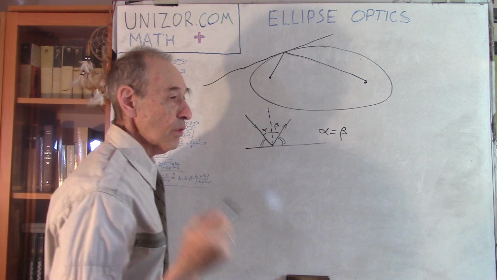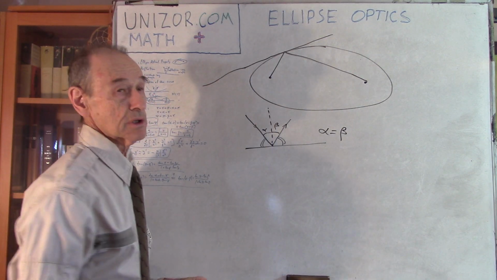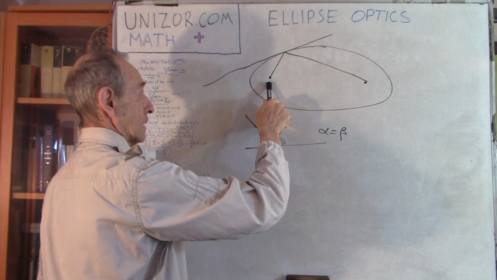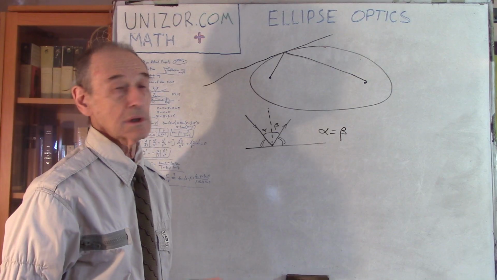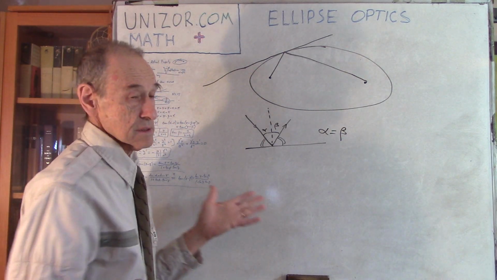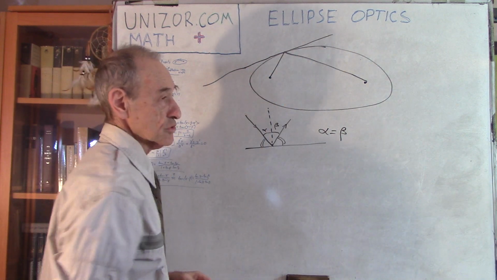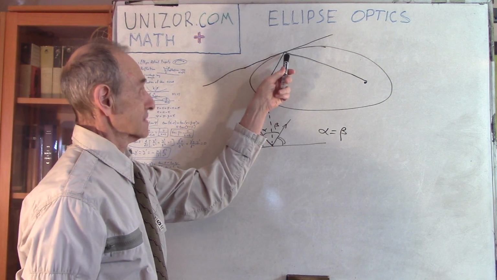So the law of reflection against a curve at a particular point is exactly the same as the law of reflection against the tangential line to our curve at that particular point.